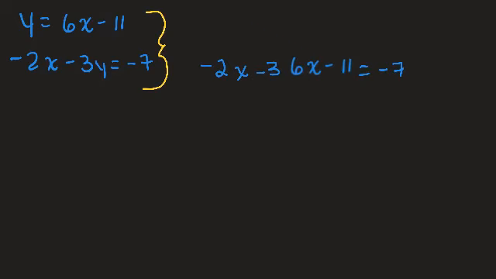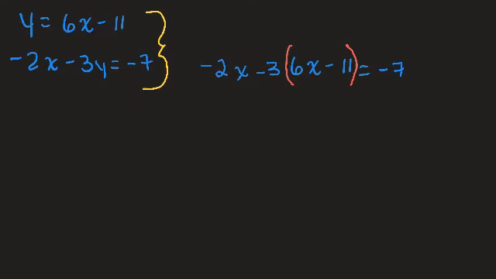So now I'm going to put parentheses around what I substituted in for y. This is what y is worth. Y is 6x minus 11. So again, this equation says negative 2x minus 3 times y, or minus 3 times the value of y.